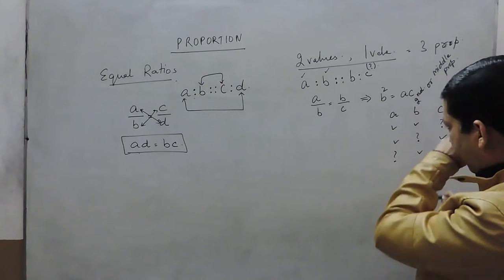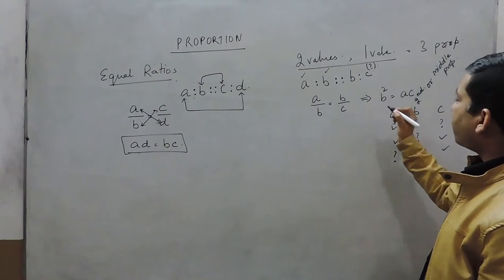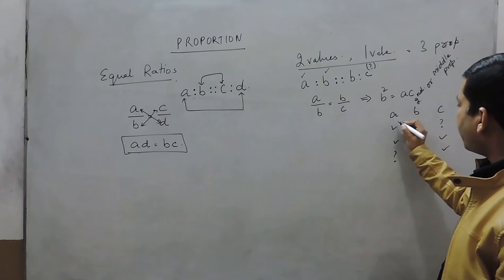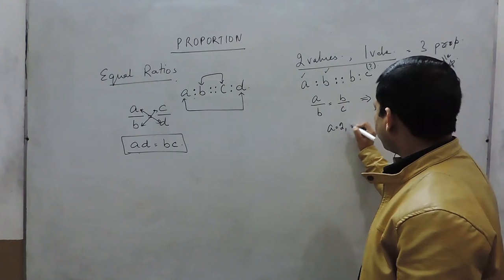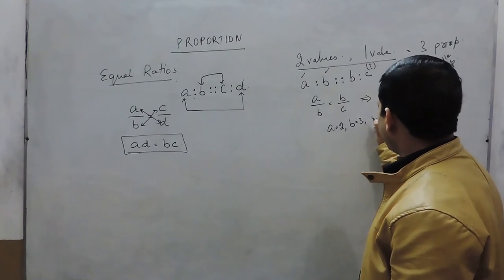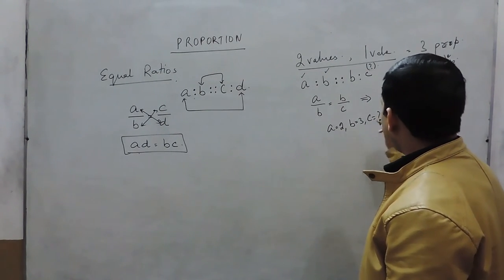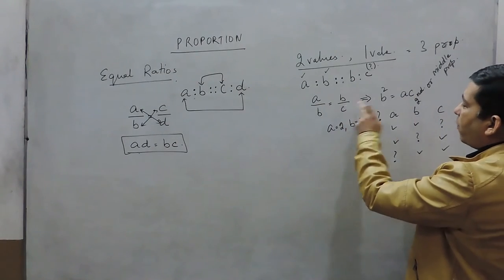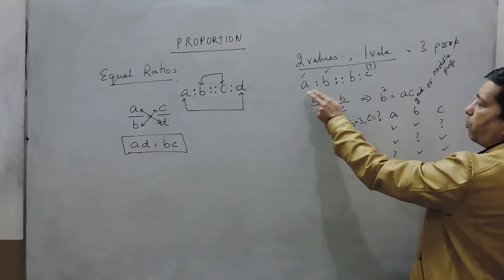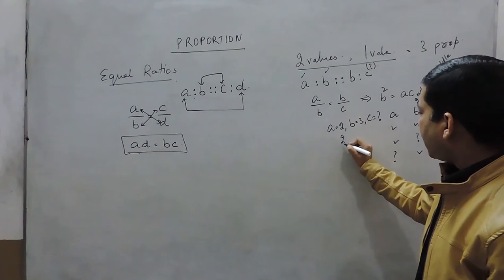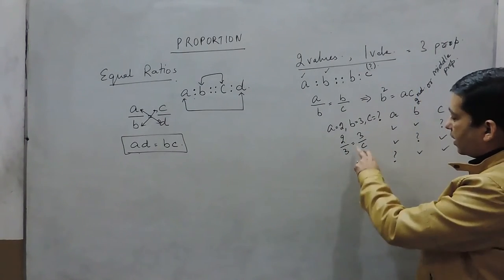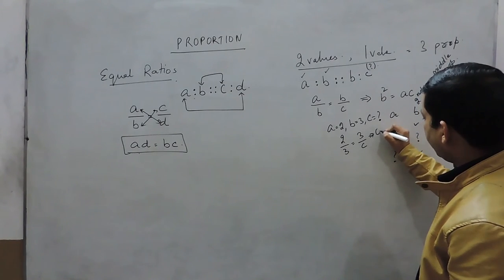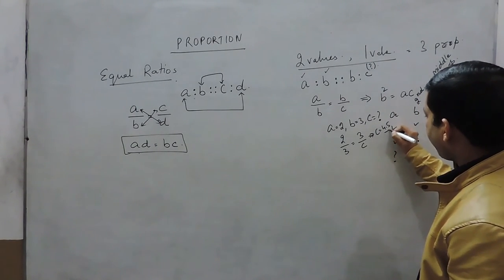Now we can take an example. Suppose I say find the third proportion of 2 and 3. That means the value of A is 2, the value of B is 3, and the value of C we have to find out. If we put it in this proportion, it comes out to be 2 upon 3 is equal to 3 upon C, and hence the value of C comes out to be 4.5.